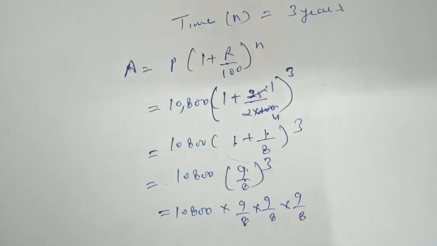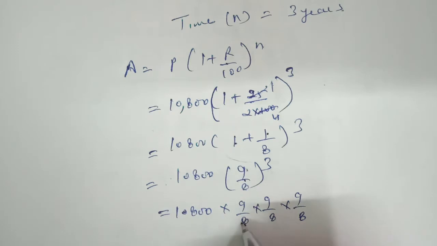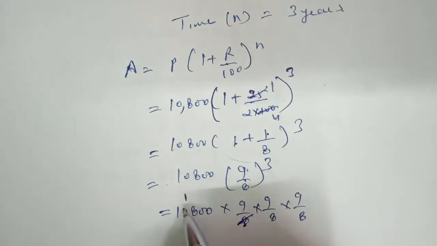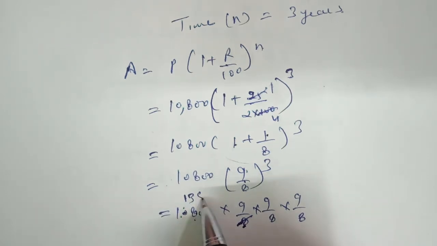Now you have to do the calculation. With the table of 8 we can cancel this. 8 ones are 8, 8 threes are 24, and 8 fives are 40, so it cancels.